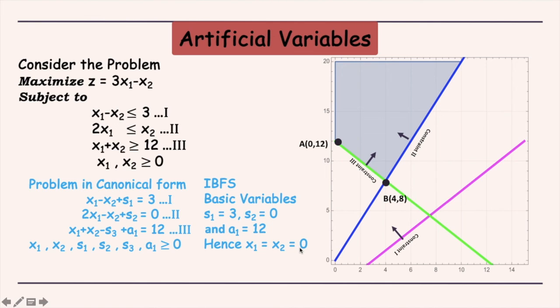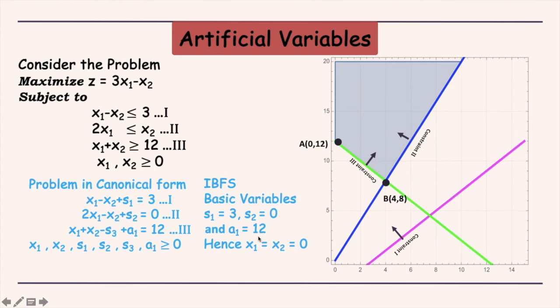If you see this particular point with respect to your original problem in the graph, you would find that the point you are talking about is the origin. This is where your solution point lies in case you introduce artificial variables, and you can see clearly here that this is not a part of the feasible region.